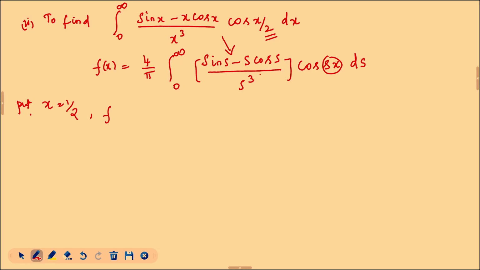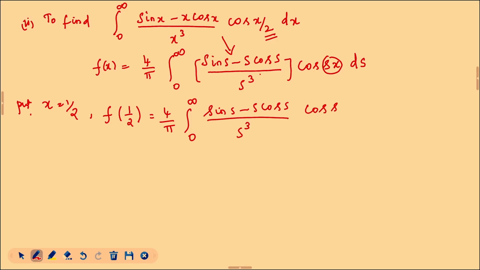If x is 1 by 2, we get f of 1 by 2 is equal to 4 by pi integral 0 to infinity (sin s minus s cos s) divided by s cube into cos s by 2 into ds. Now let us find the value of f of 1 by 2. F of x is given as 1 minus x squared.